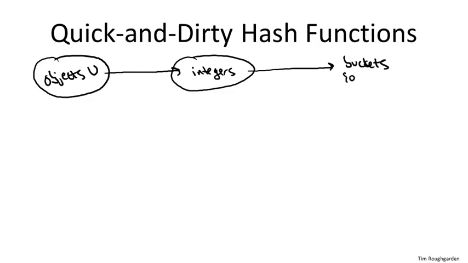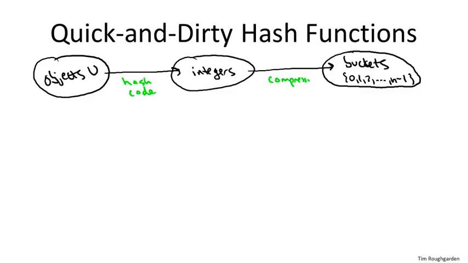And then you take the possibly very big number and you map it to a much smaller number, namely the index of a bucket. In some cases I've seen these two steps given names: the first step is formulating the hash code for an object, and then the second step is applying a compression function.